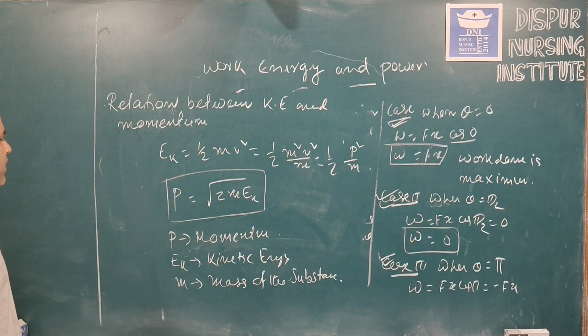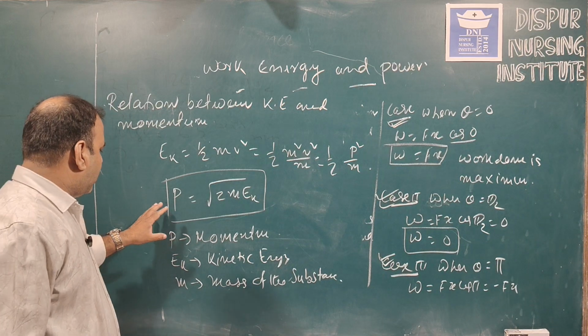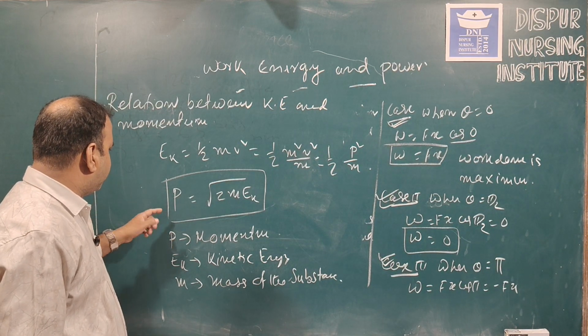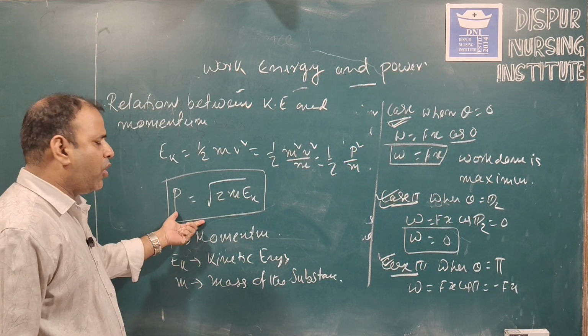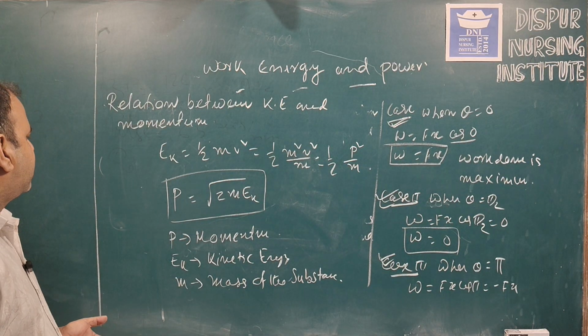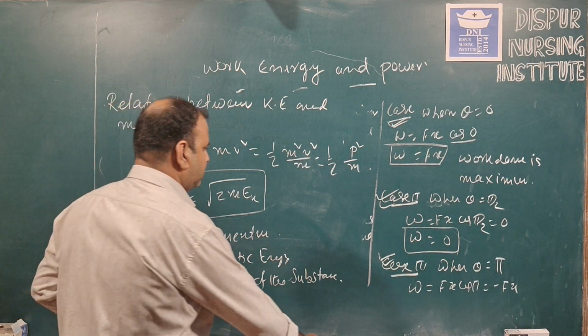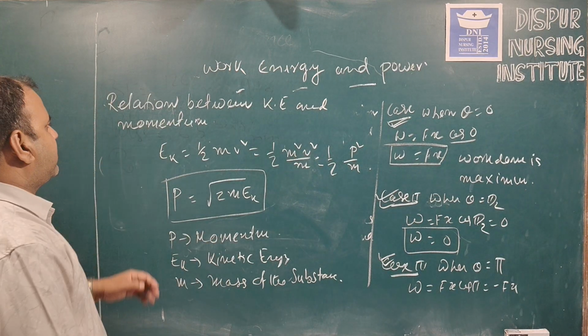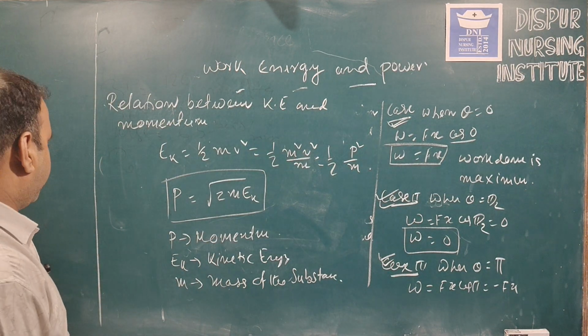In this way, you have to memorize and remember the physical significance of all the variables mentioned in the given formula. So this is the relation between kinetic energy and momentum.